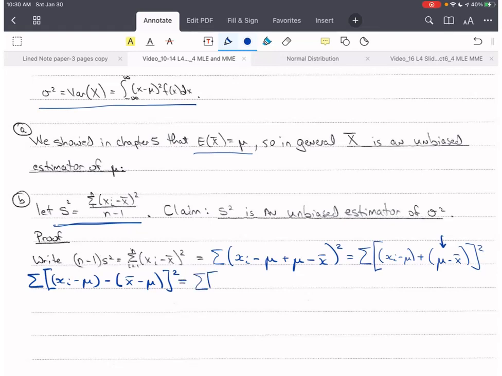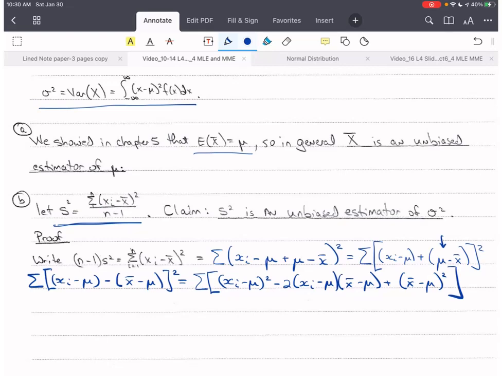One of the few times that we do that is with these summations. So it's going to be xi minus mu quantity squared minus 2 times xi minus mu times x bar minus mu plus x bar minus mu quantity squared. Okay?